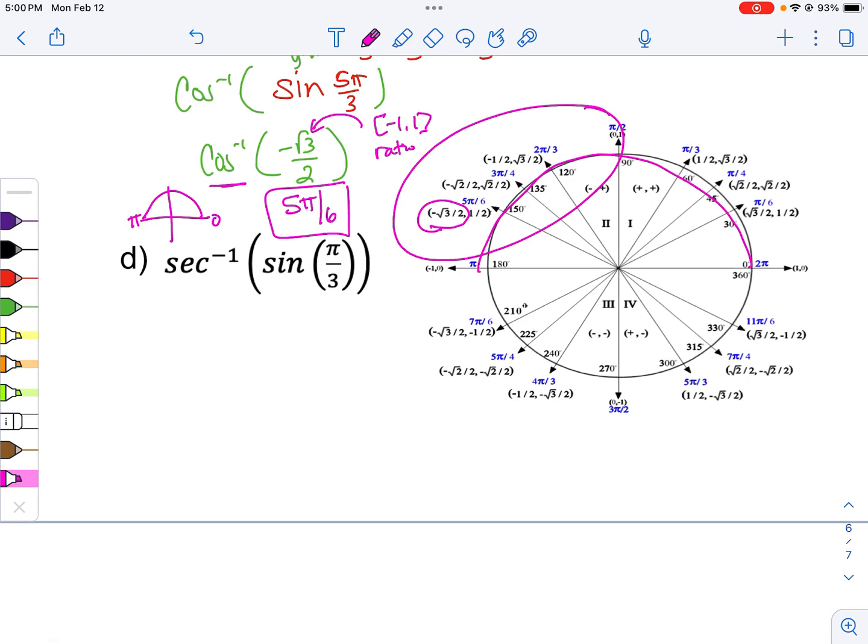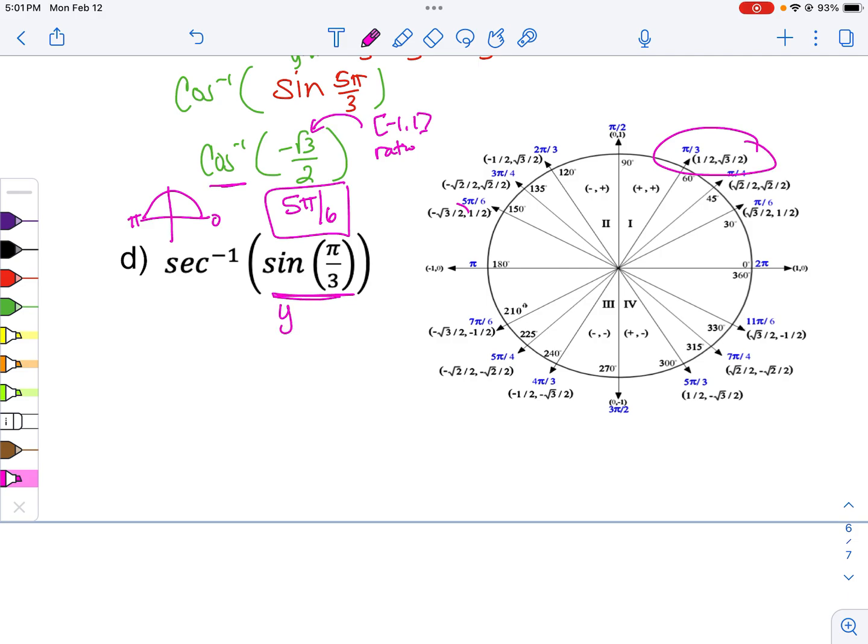All right, last example is sine, and then we have a secant inverse in front of it. But again, the first thing we have to do is evaluate the inside. So sine of pi over 3, so let me erase them from the last one. So pi over 3 is right here, and we know sine is the y value. So the y value of pi over 3 is just √3 over 2.